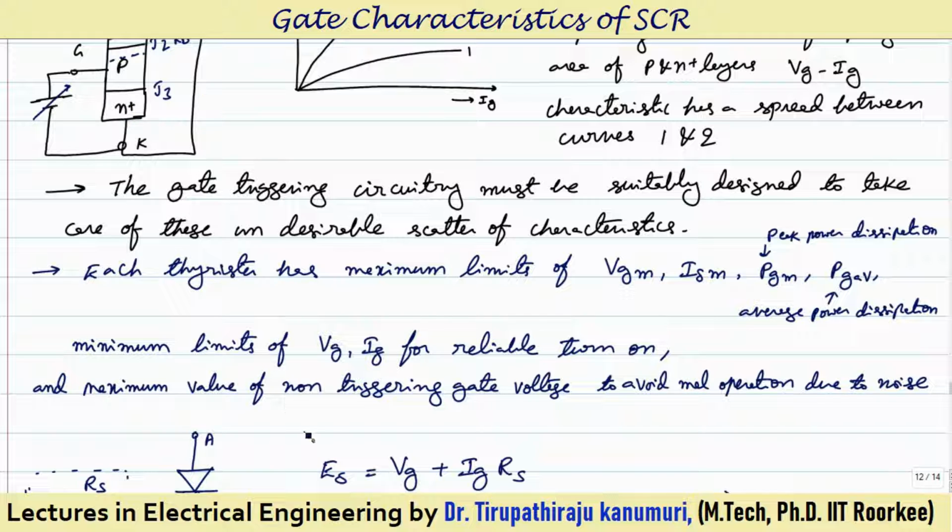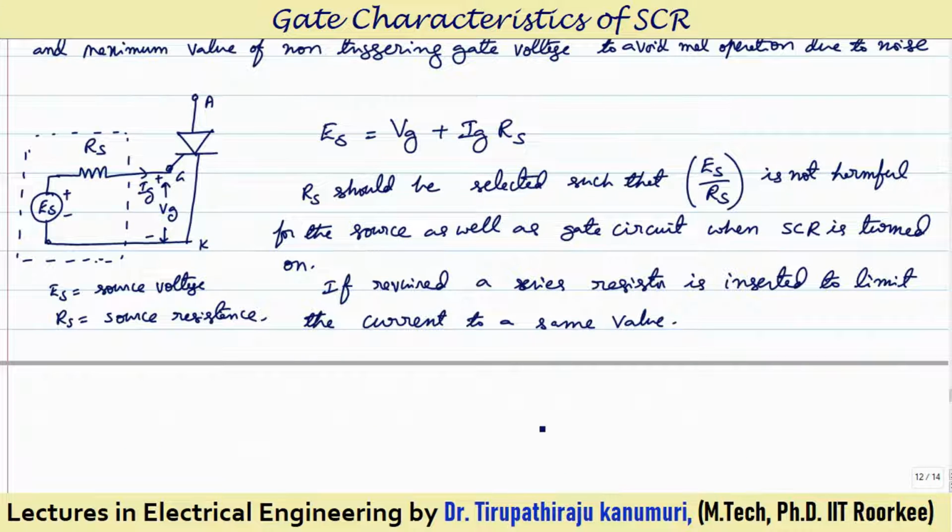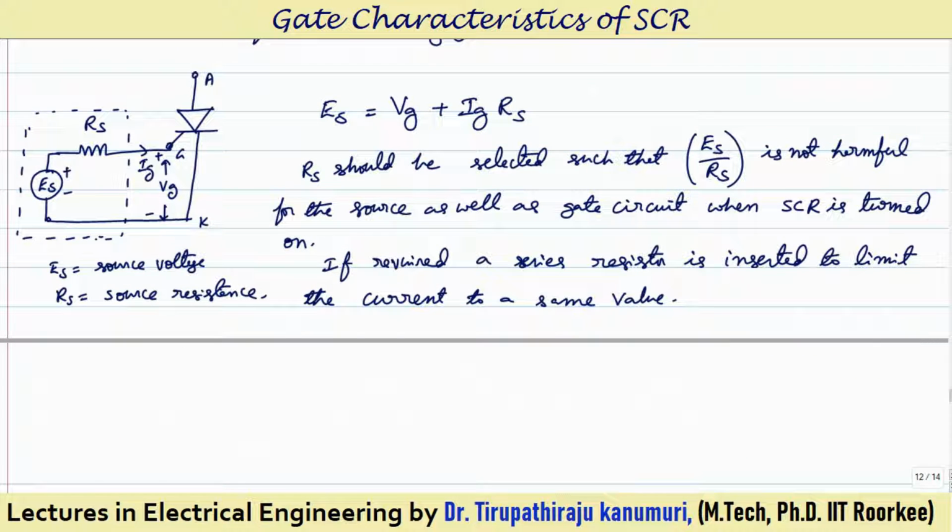So you have to take care that whatever spurious noise is coming, due to whatever reasons, should be less than the maximum value of non-triggering gate voltage. Because if it is more than this, or if the temperature is more, since minority carriers increase with temperature, as we have seen in previous lectures, it may maloperate or turn on.